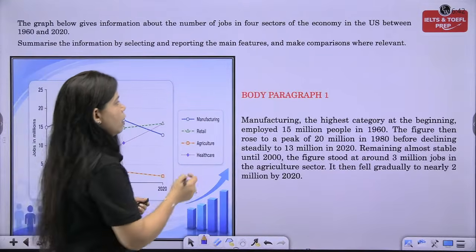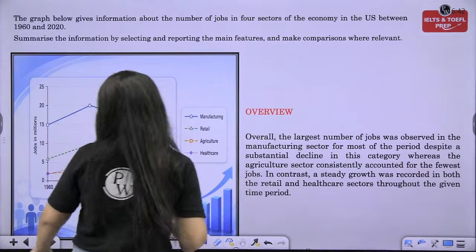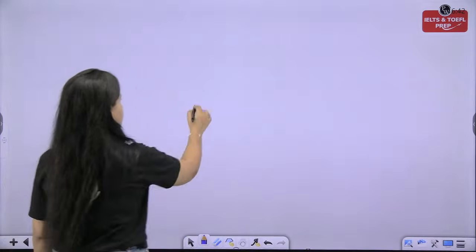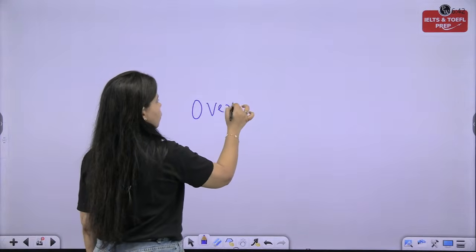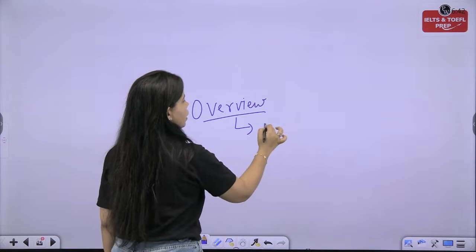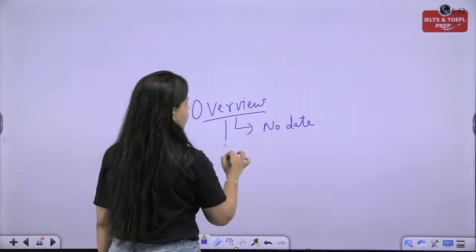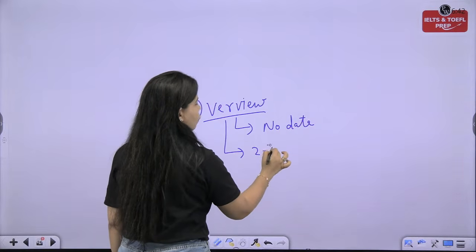Now let's talk about the overview paragraph. Here you go. So for the overview paragraph, guys, you also need to understand one thing about overview, that here you do not include any data, no data, and you include 2 to 3 features only.